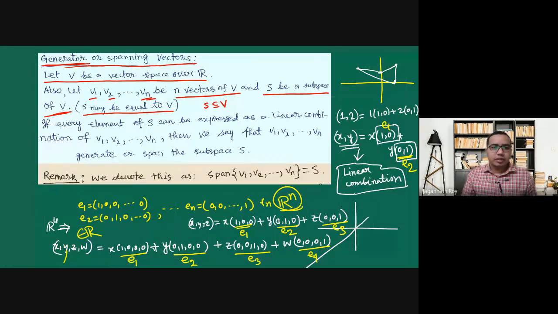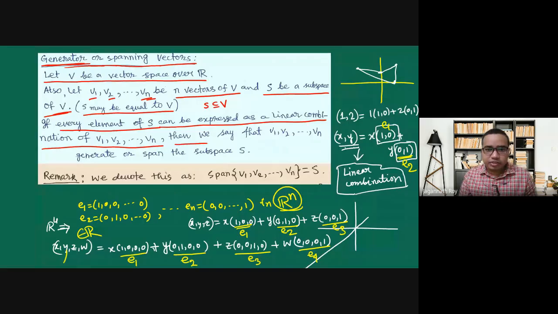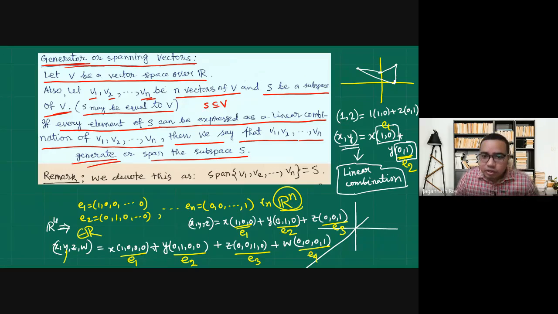If every element of S can be expressed as a linear combination of these vectors, then we say that V1, V2, up to Vn are generators of S. That is called the span of these vectors, which is equal to S, the whole set.